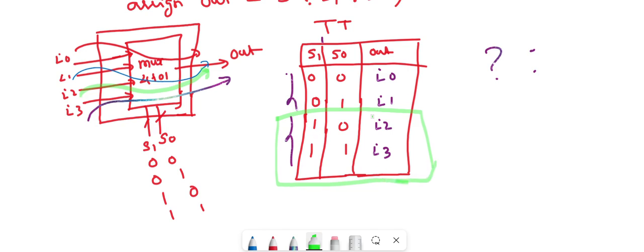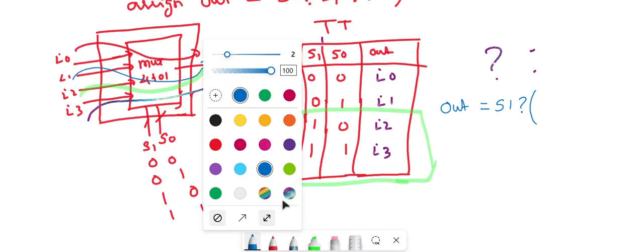So you can write out is equal to S1 question mark, open the bracket, then you check the next one, this color.